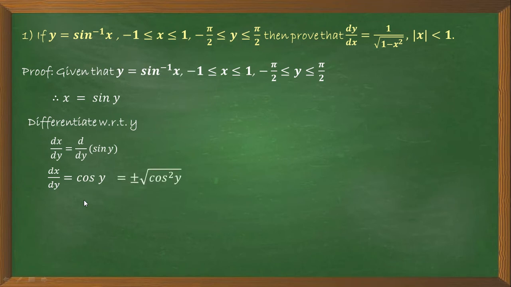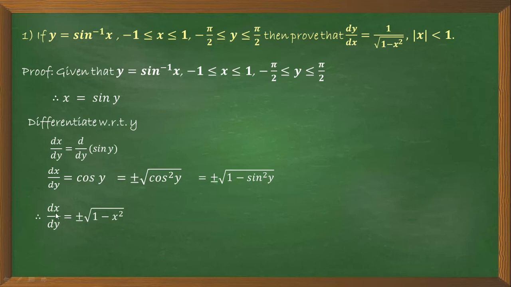This cos y can be written as plus or minus root of cos square y. We have just taken the square and then the root, so you will understand this. So plus or minus root of cos square y. This can be converted into this form: cos square y can be written as 1 minus sin square y.